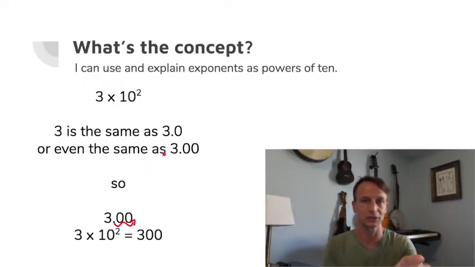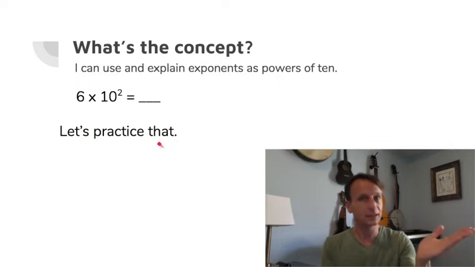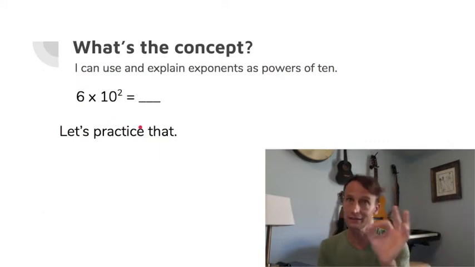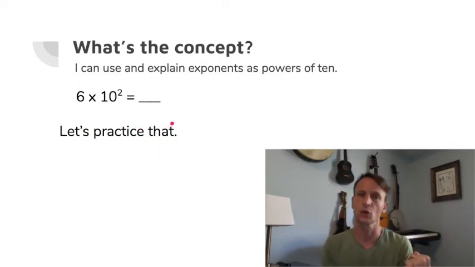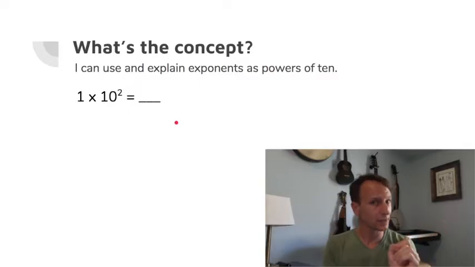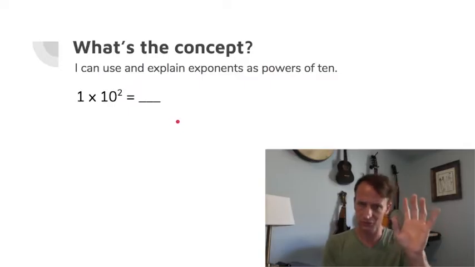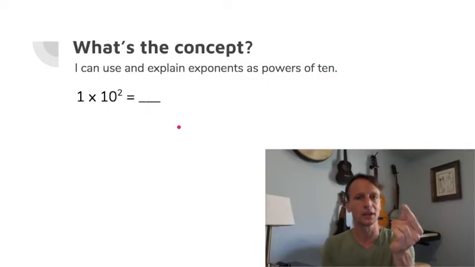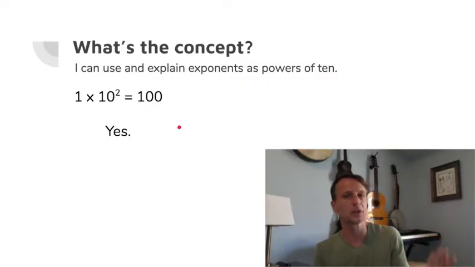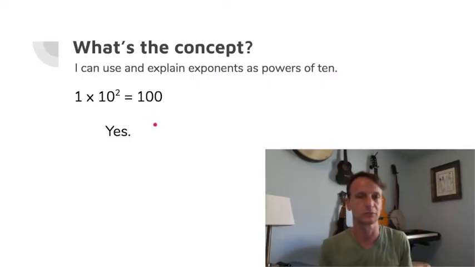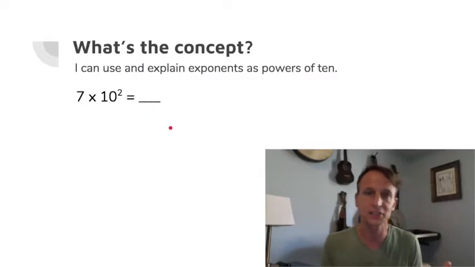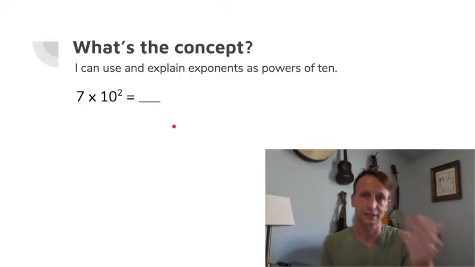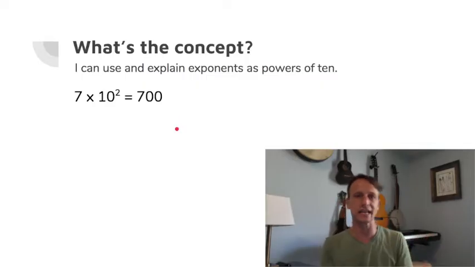Watch, you'll see how you can do this. 6 times 10 squared, 600. 1 times 10 squared, what's sort of weird, but just take that 1 and go, 100, right? Because you're saying 1 times 100, aren't you? So it makes sense. Always do that logic check. 7 times 10 squared. 700. Look at that. You're doing it.